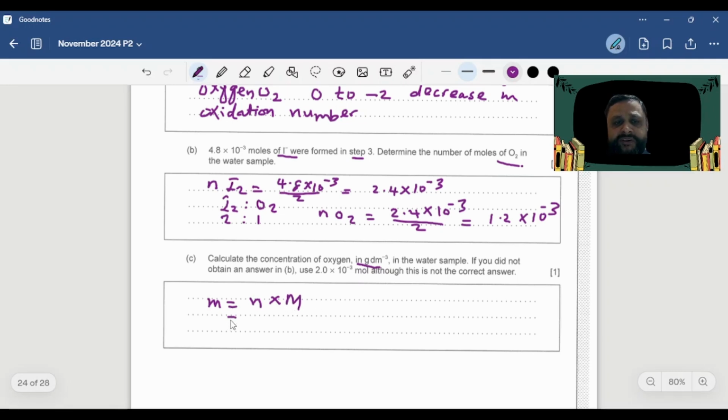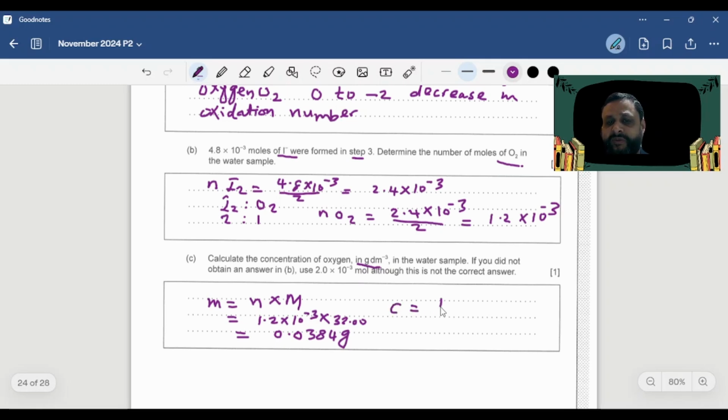The moles of oxygen are 1.2 times 10 to the power minus 3. Molar mass of oxygen is 32.00. If I solve this, that will give me 0.0384 gram of oxygen.